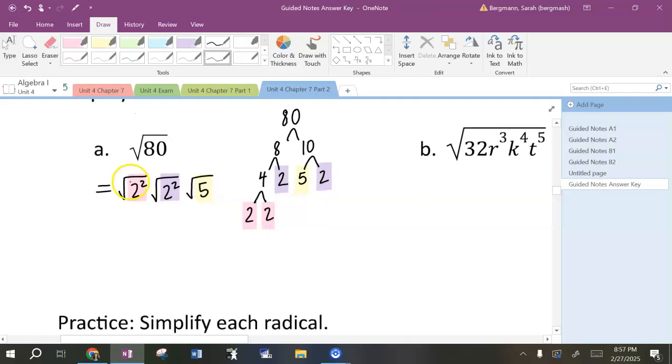Just like yesterday, we know that a square root and a square cancel each other out. So we end up with just 2 times square root 5. To multiply those back together, 2 times 2 to get 4, and bring down the square root of 5.